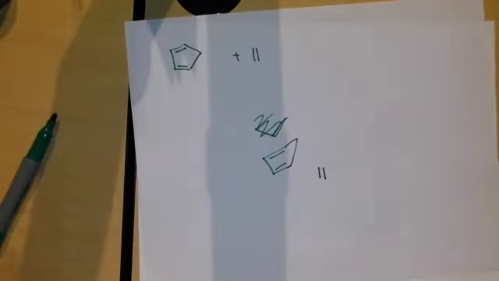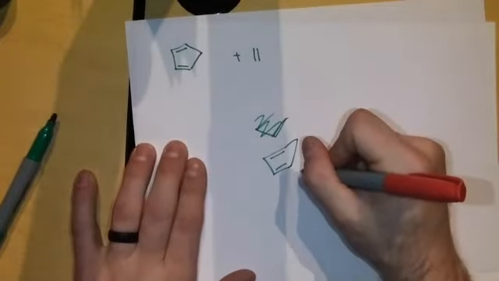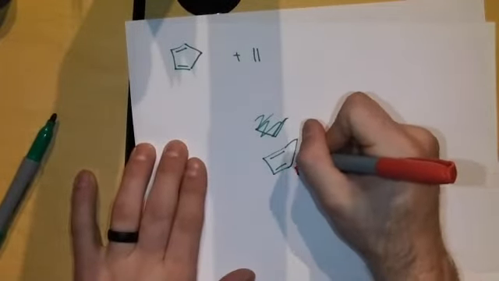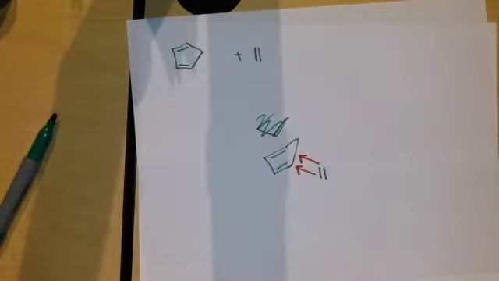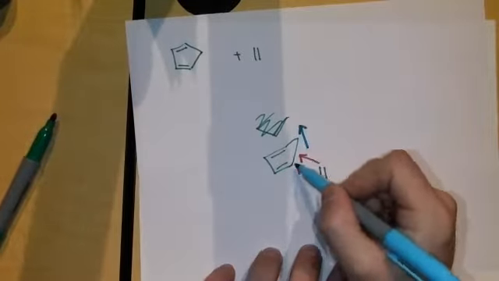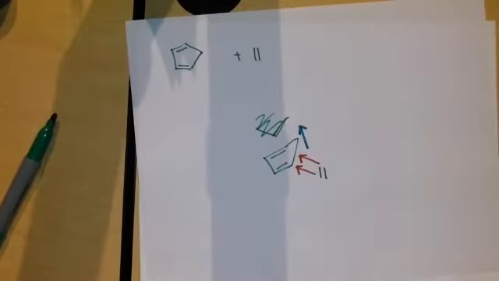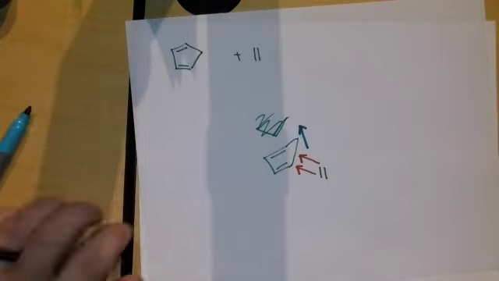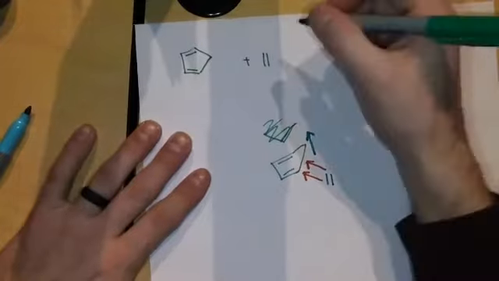When our dienophile comes in from below and attacks, it's going to end up pushing this bridgehead of our 5-membered ring upward. We are going to make a 6-membered ring. It's going to look like a boat.